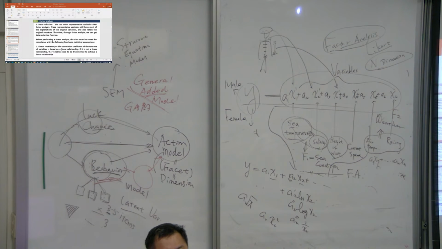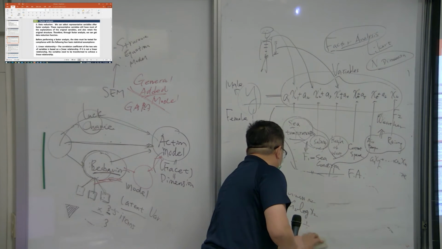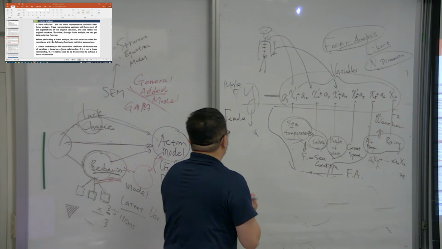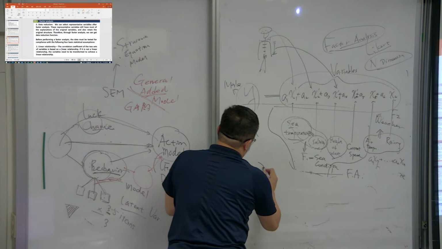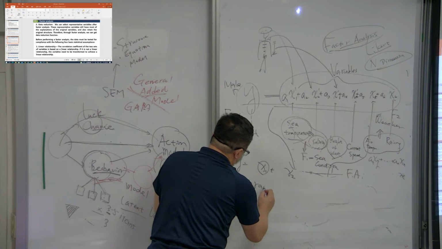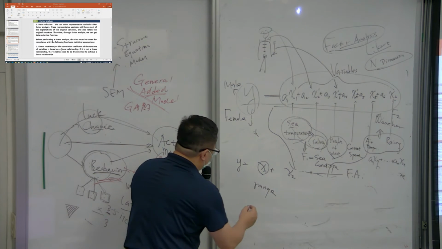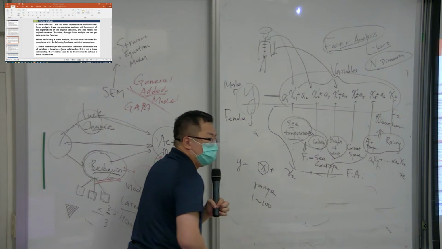One by one. Yeah, one by one. But you don't know how about that, right? There is a very simple concept. For example, the range of the x1 variable is from 1 to 100, okay?